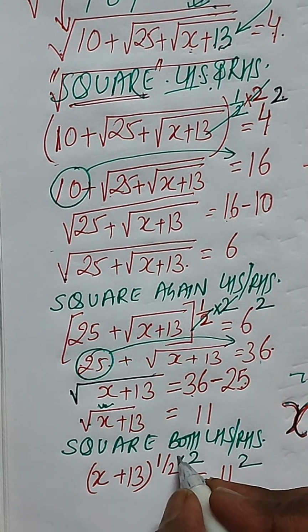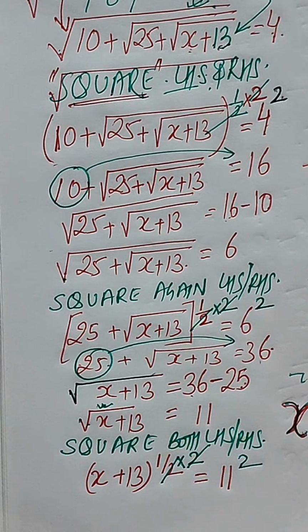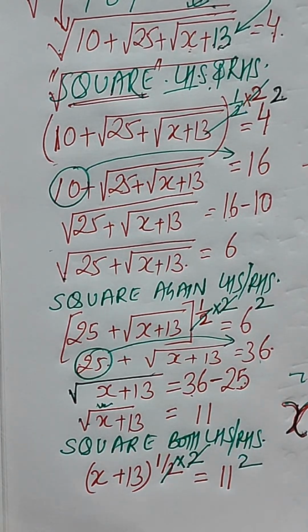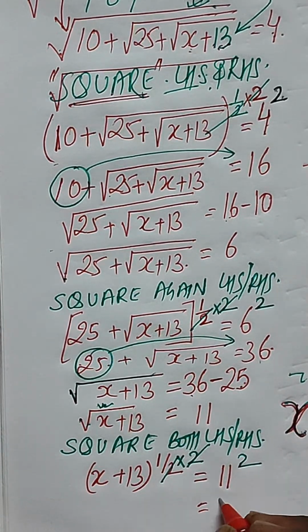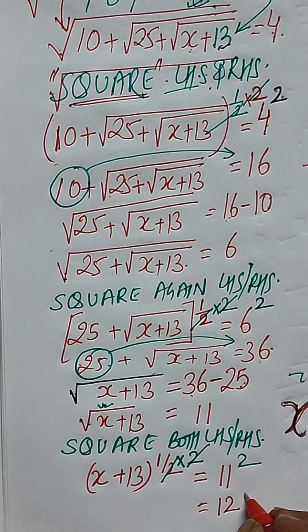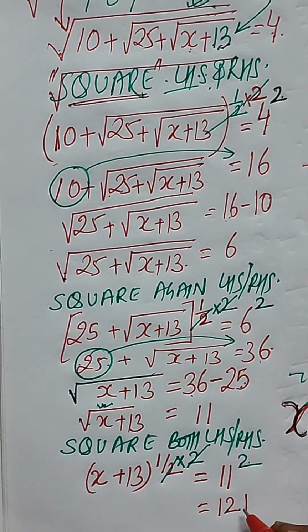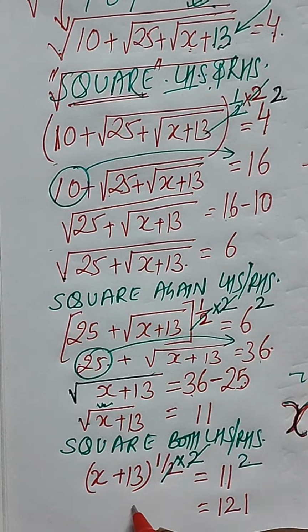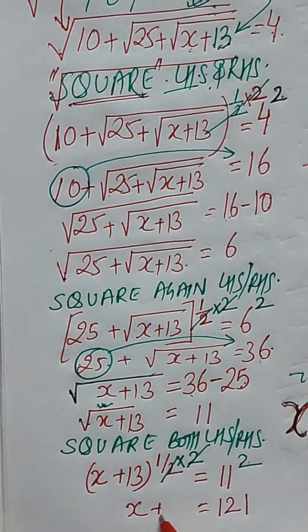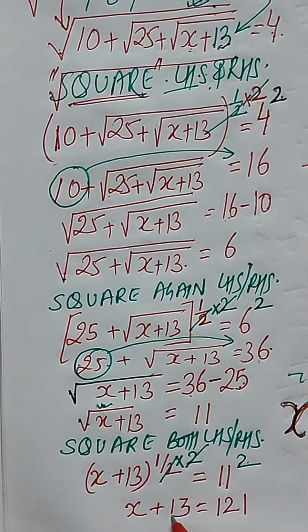So here this 2 and 2 will be cancelled out, and on the RHS we have 11 square, that is equal to 121, because 11 into 11 is 121. And on the LHS we are left with x plus 13 only, right?